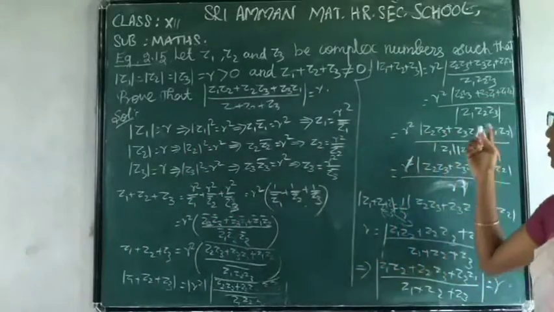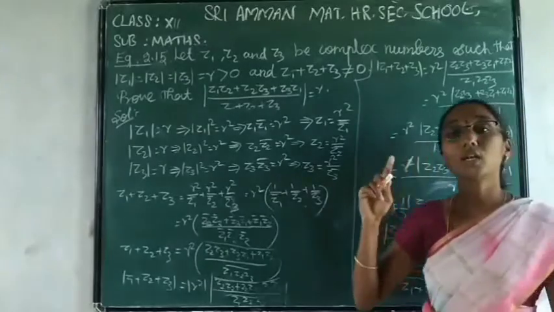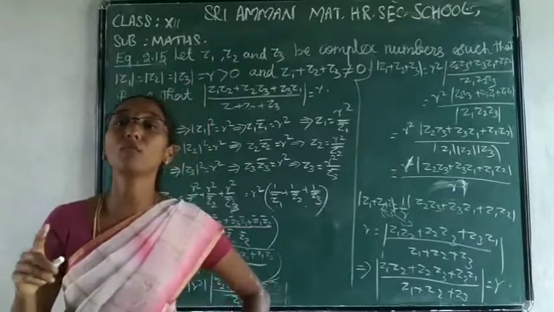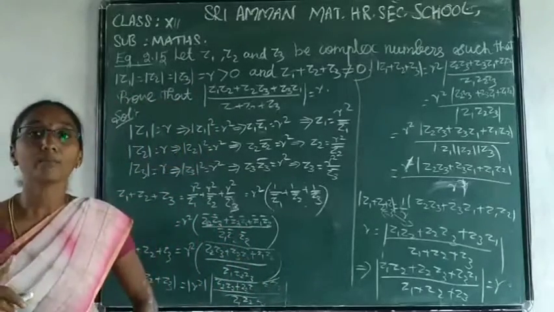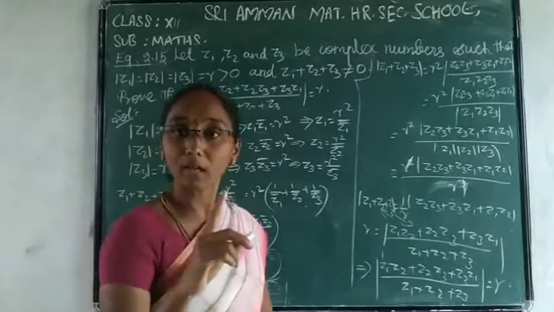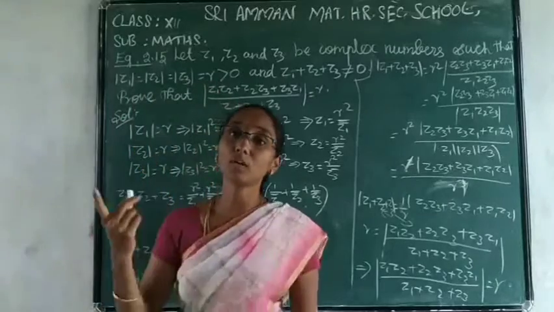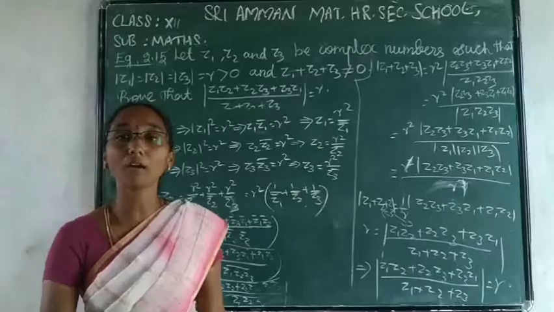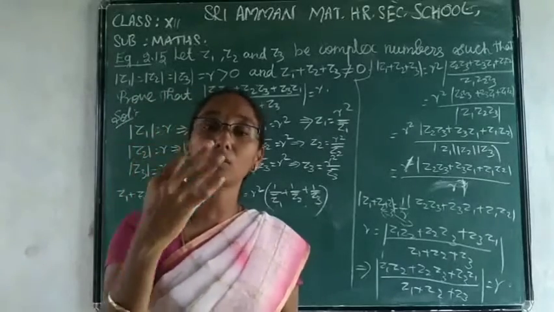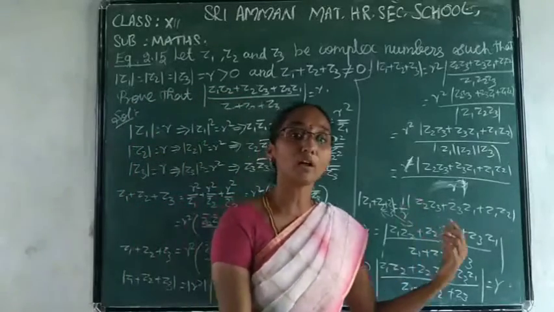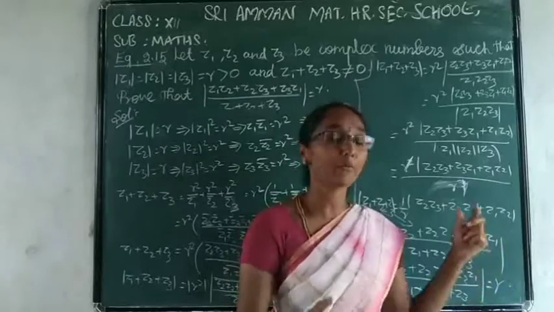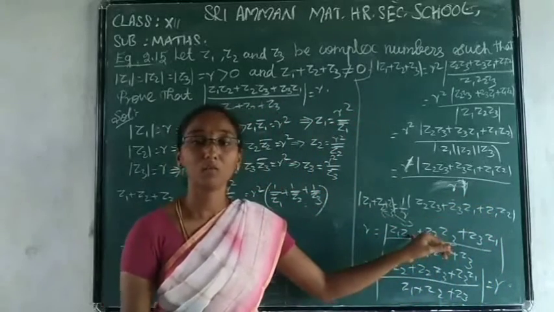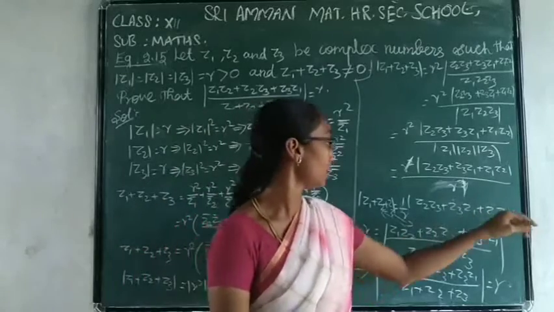You already know modulus of Z1 Z2 Z3 equal to modulus of Z1 into modulus of Z2 into modulus of Z3. Modulus of Z1 is R, modulus of Z2 is R, modulus of Z3 is R. Multiplying these 3, you get R cube. So R square and R cube cancel, and in the denominator you have a 1 by R.